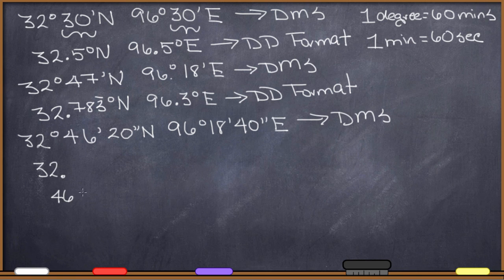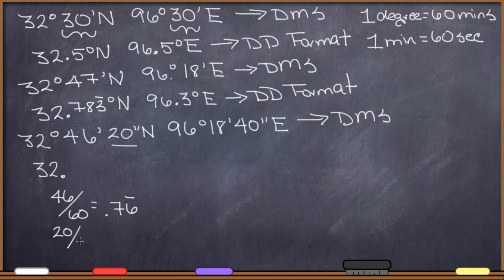It makes sense that there are 60 minutes per degree. So I'm going to divide 46 by 60. And when I do that, I'm going to get 0.76 repeating.